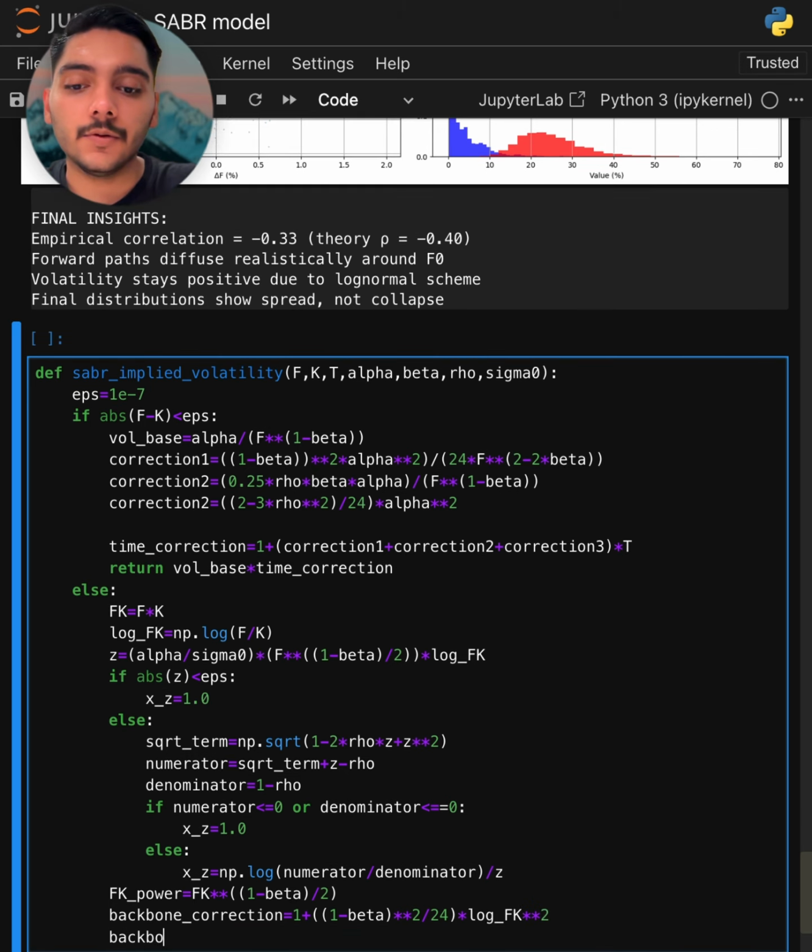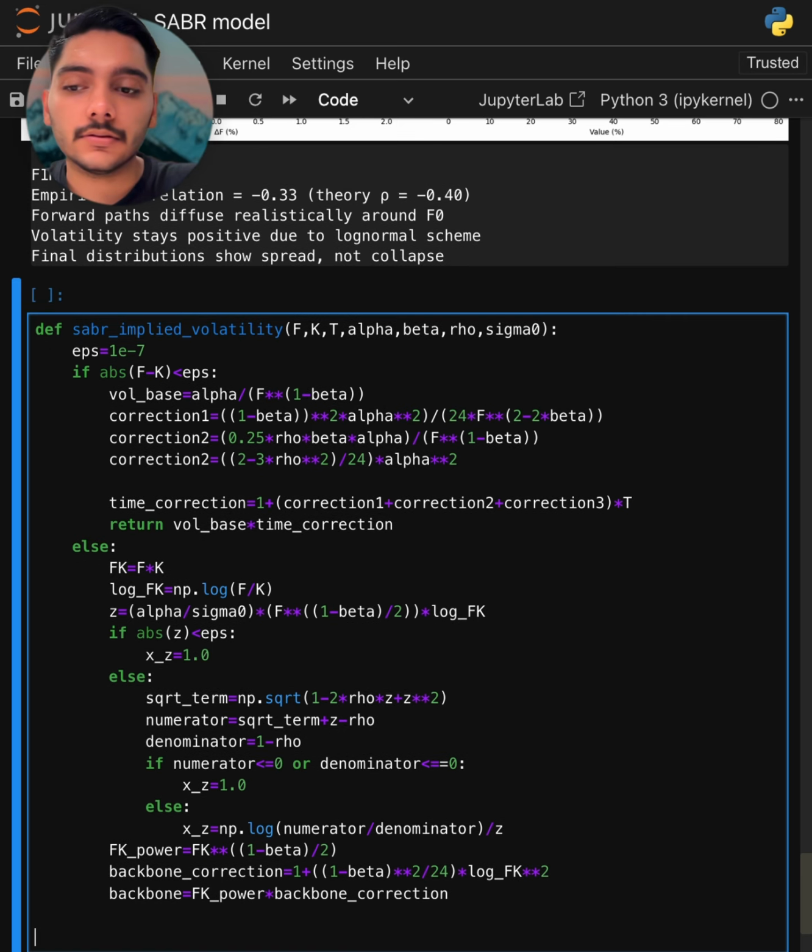The backbone is equal to fk power into the backbone correction. The volatility base is equal to sigma naught divided by backbone.